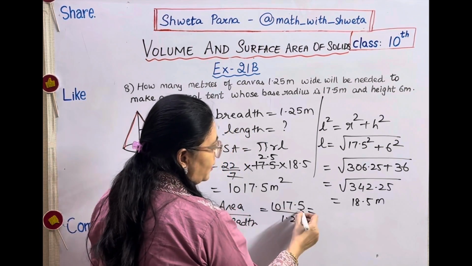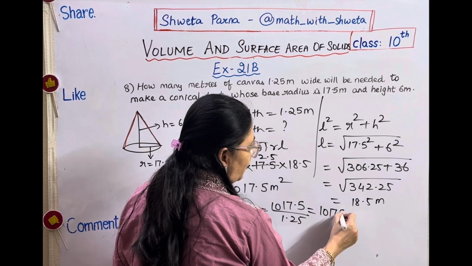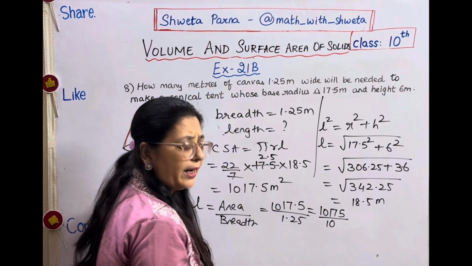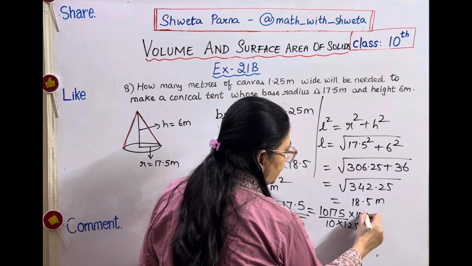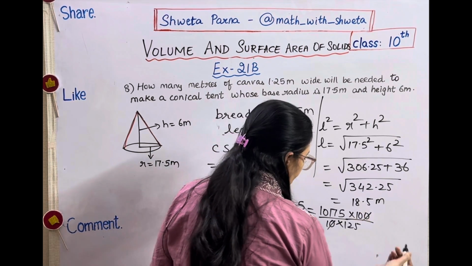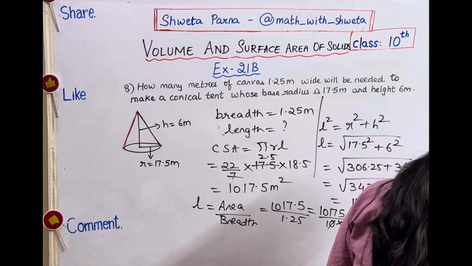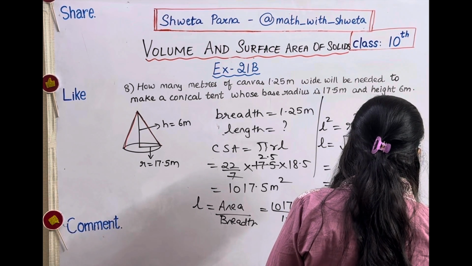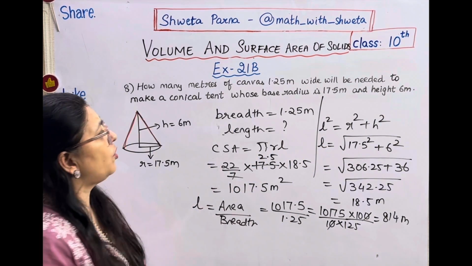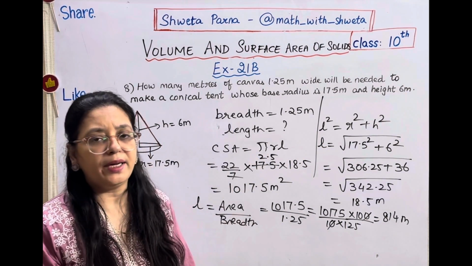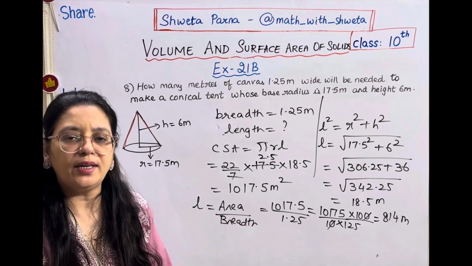Here, let's write this as a fraction: 10175 upon 10, over 125 upon 100. Reduce it. After reducing, you will get the answer as 814 meter. This many meters of canvas you need to make the tent. Okay, let's go to the next question.